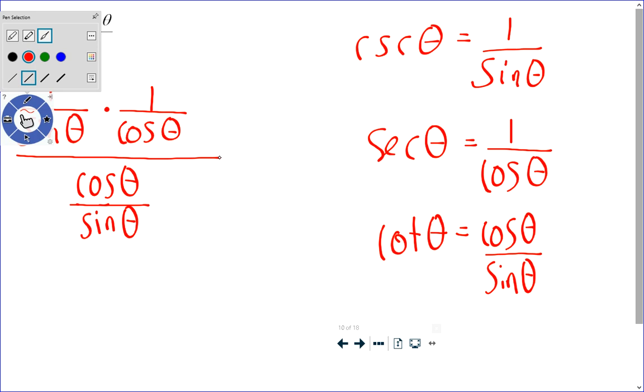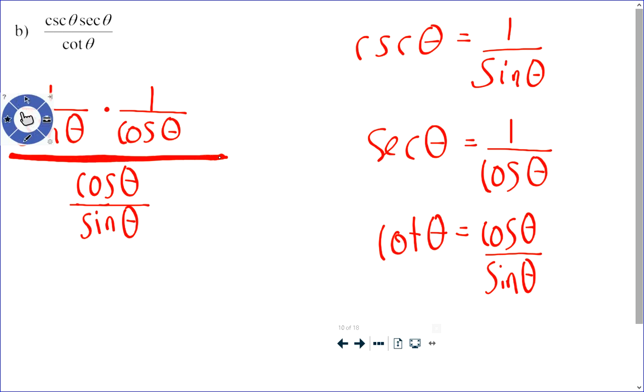It is a large fraction. There is a numerator to it and there is a denominator to it, but the numerator contains fractions within it, and so does the denominator.